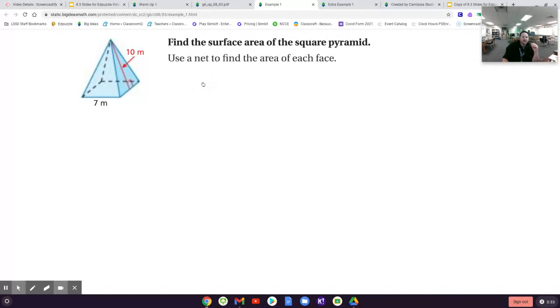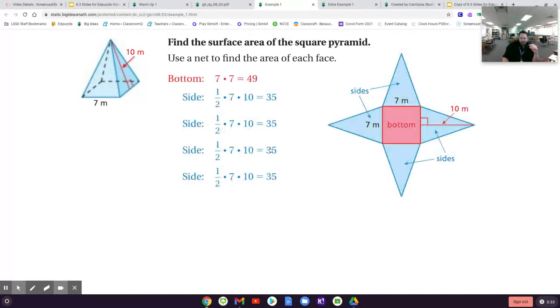From here on, it gets trickier to try to do all of the surface area in your head, so it helps to do a net. So if you draw a net, we've already done the bottom, 7 times 7, that's this 49 part. You have 4 identical triangles that have a base of 7 and a height of 10, and that 10 goes along the lateral face there. So they've given you all the numbers. They've already done the 1/2 base times height for each triangle.